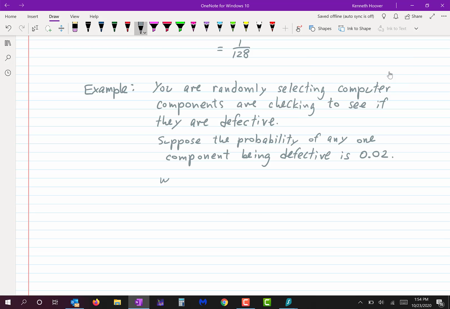Okay, what is the probability that the 7th component is the first defective one?